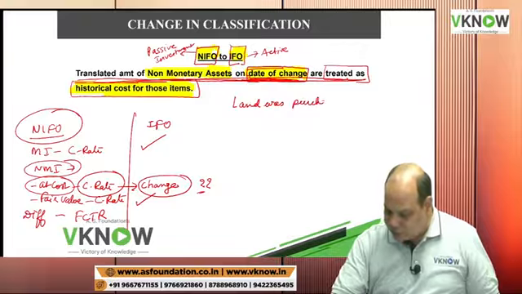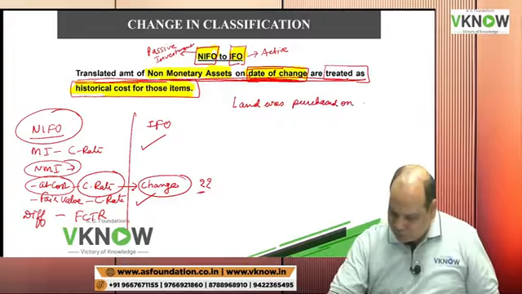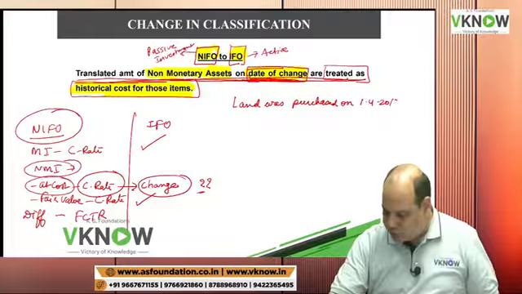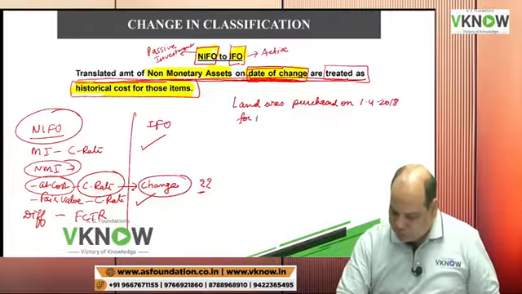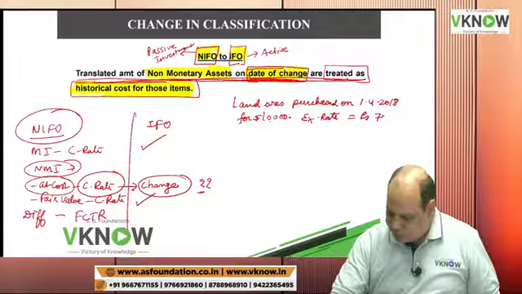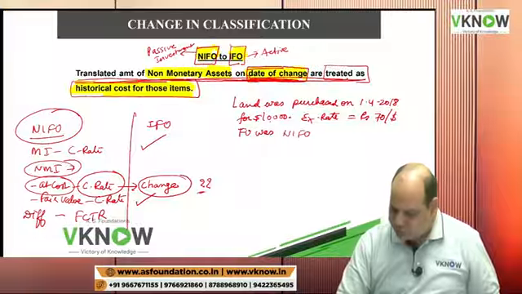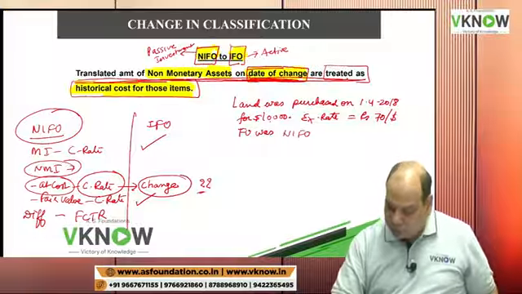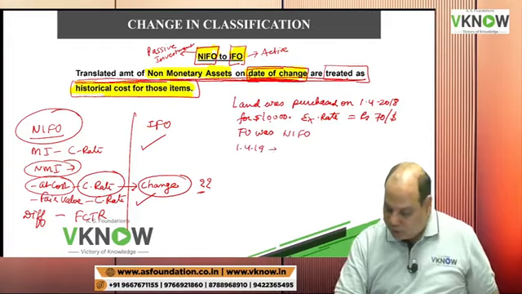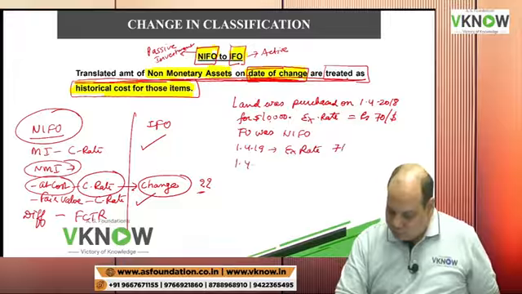Land was purchased on 1/4/2018 for $10,000. So the exchange rate was rupees 70 per dollar. Foreign operation was NIFO. On 1/4/19 exchange rate is 71. On 1/4/20 exchange rate is 72.